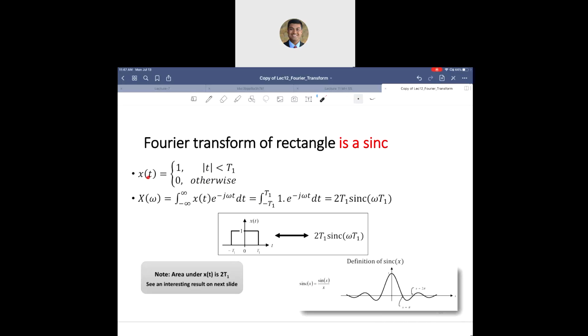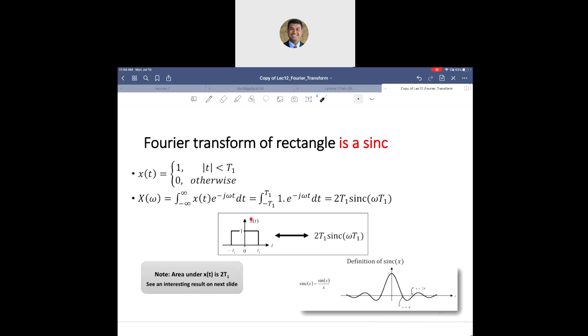X of t, if it is a rectangle, that means that it is 1 between negative t1 and t1, and 0 otherwise. X of omega is 2t1 sinc omega t1. We just derived it for the general case earlier where we had the M. In this case, M is 1.